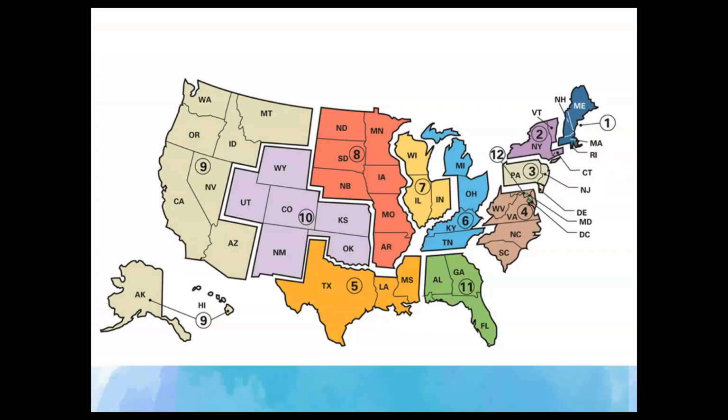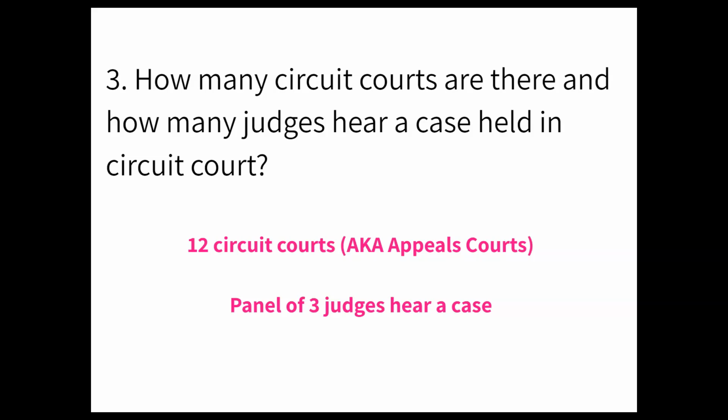Moving up, we have 12 judicial circuits in the courts of appeals, that middle level. Each judicial circuit in the Court of Appeals serves at least 2 states. You can see, for instance, the 7th Court of Appeals in the federal level serves Illinois, Wisconsin, and Indiana.